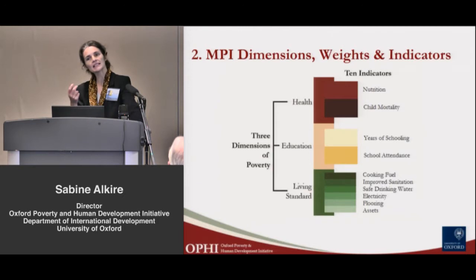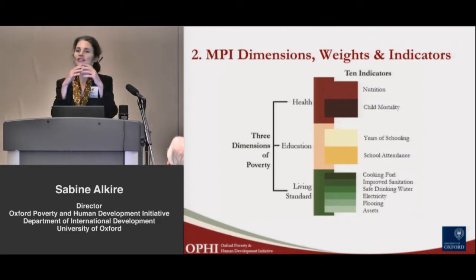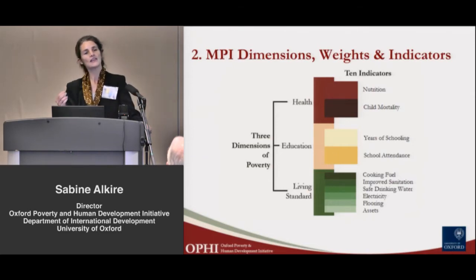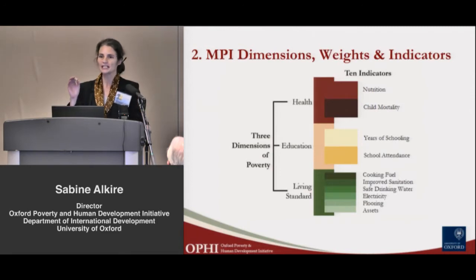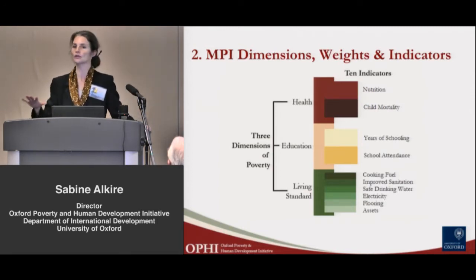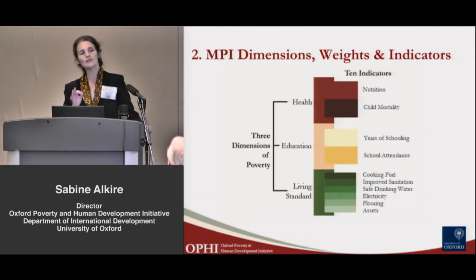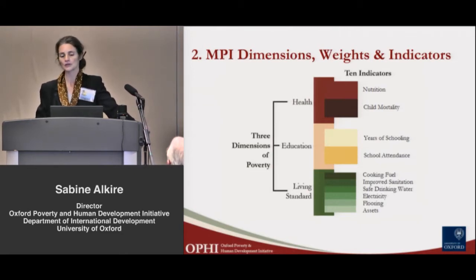So just to explain a little bit about using the household as a unit of analysis. When there are individual data, as there are for health or education, you have to think about a household cutoff. So in the case of the MPI, every member in the household is deprived in nutrition if any member in the household, adult or child, is undernourished. Every member is deprived in child mortality if any child has died in your household.